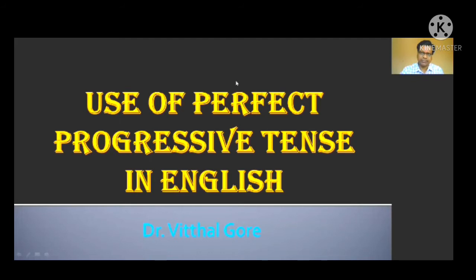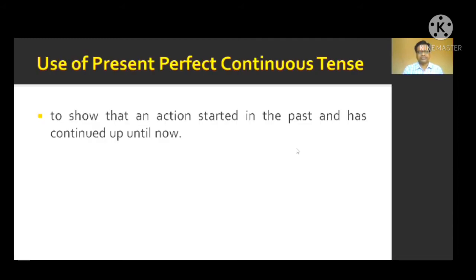It means you have some part of action which is completed and then it is continued for some time later. So in the context of present, past and future, we need to study the use of perfect progressive tense in English. Let us look at the first one, the use of present perfect continuous tense.